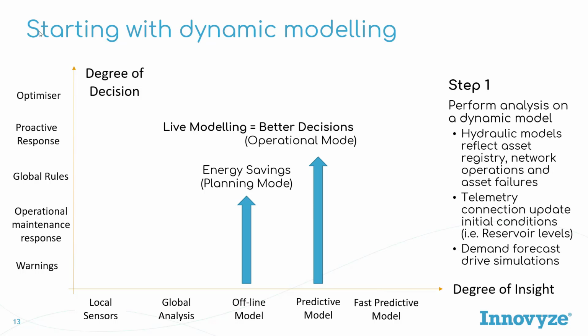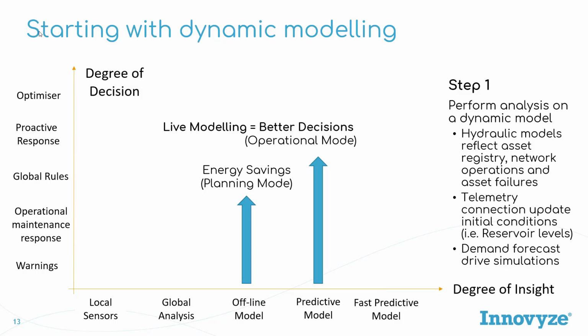And this is clearly where the industry has been going over the past few years. Here is where we start differentiating between offline and real-time model. A real-time model is the same as the offline model, but is constantly updated to account for change occurring in the network, like asset failure, reservoir level, and valve operation.